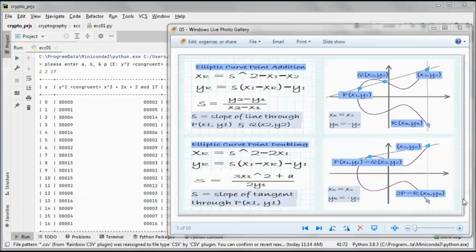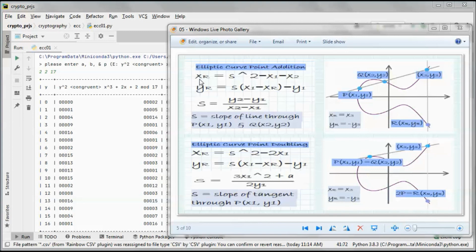And here in the case of point doubling, we have that P and Q are the same point, so x1, y1 and x2, y2 are the same, and we have x3, y3 as the second intersection point. So 2P is equal to R with coordinates xr, yr, and xr is equal to x3 and yr is equal to minus y3.